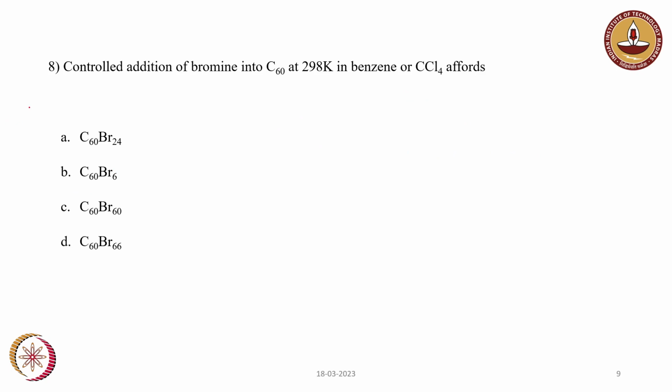The next question is controlled addition of bromine into C60 at 298 Kelvin in benzene or CCl4 affords option A, C60Br24, B is C60Br6, option C is C60Br60, and option D is C60Br66.